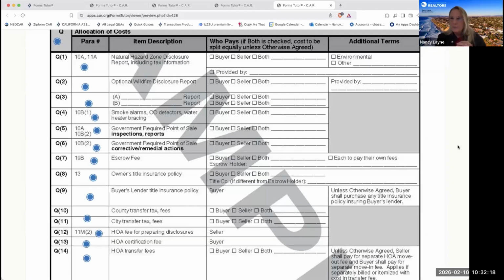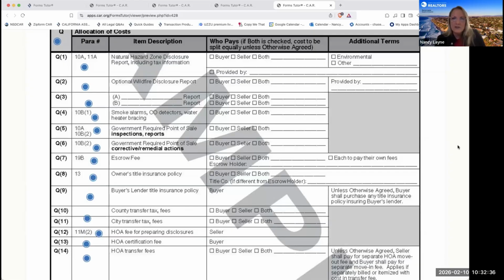That's the wildfire disclosure report. The optional wildfire disclosure report is just that, optional. It is not required. Do not let somebody tell you it is required. It may be requested, it may be something that they want to include, but it is not legally a requirement.